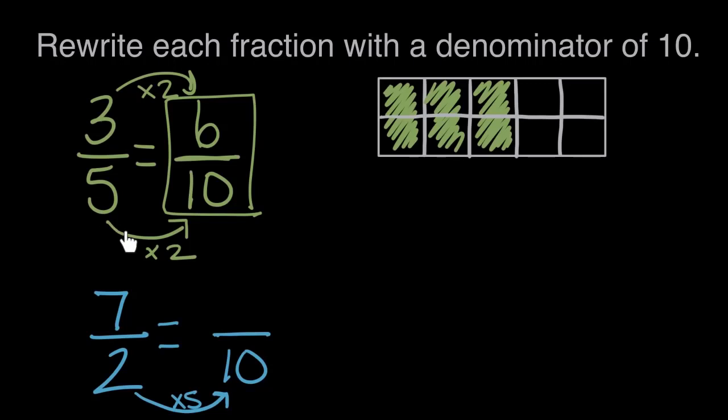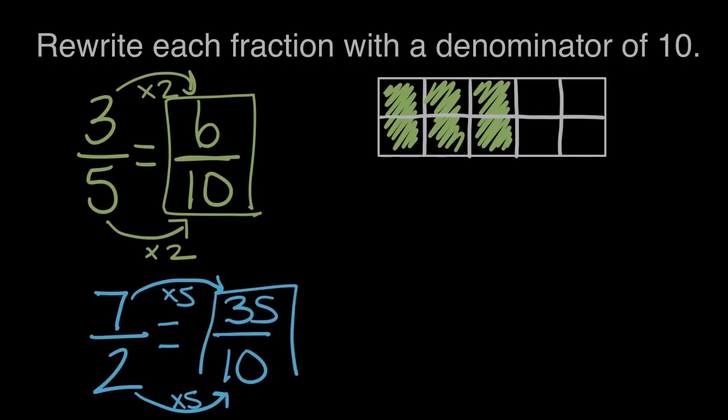And like the pattern showed us up here, if the denominator is multiplied by a number, we multiply the numerator by the same number, because those shaded pieces would also be split 5 times. So we'd multiply our 7 times 5 also. The numerator and denominator are multiplied by the same number, and 7 times 5 is 35.